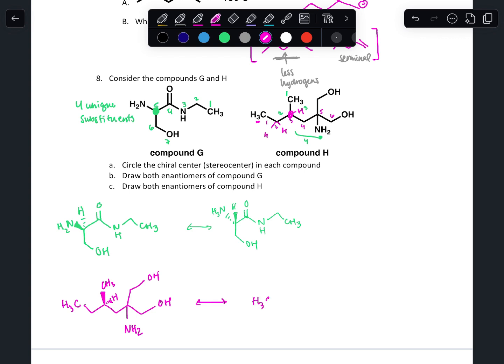And for our enantiomer, we're going to draw out the same base structure, and then we are going to switch our wedges and dashes. So we'll make our methyl group dashed and our proton the wedge. So these are the enantiomers.